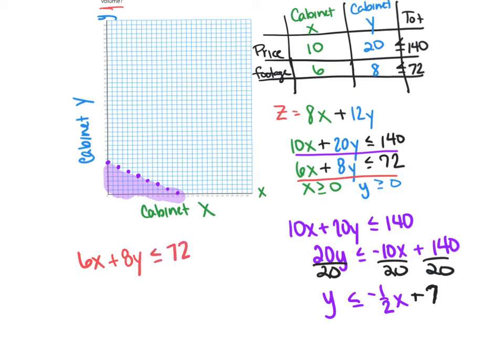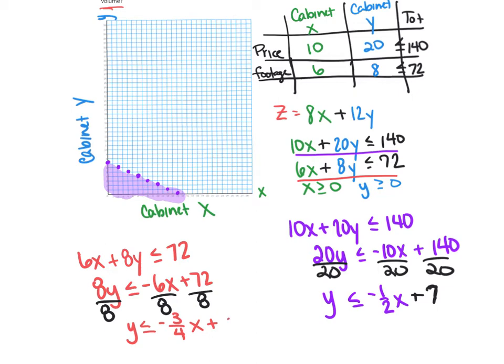Get Y by itself. I'm going to subtract off 6X first. So 8Y is less than or equal to negative 6X plus 72. I'll divide everything by 8, and I'm left with Y less than or equal to negative 6 over 8, which is negative 3 over 4 X, plus 9.